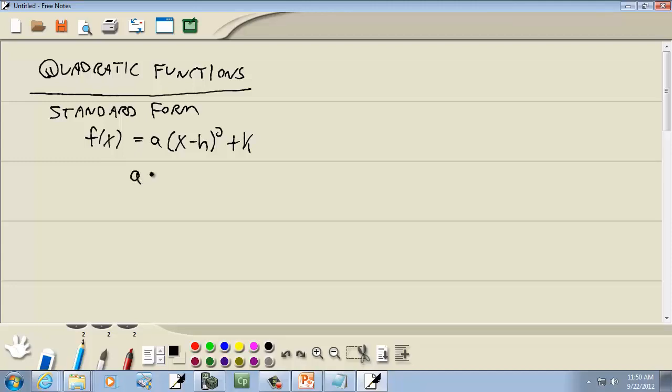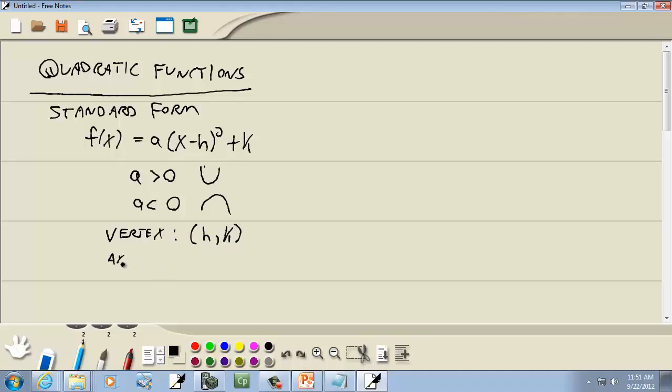Now, first off, if a is positive, if a is greater than 0, then your graph is going to open up. If a is less than 0, if a is negative, a is just a number, then it's going to open down. Your vertex is of the form (h, k).